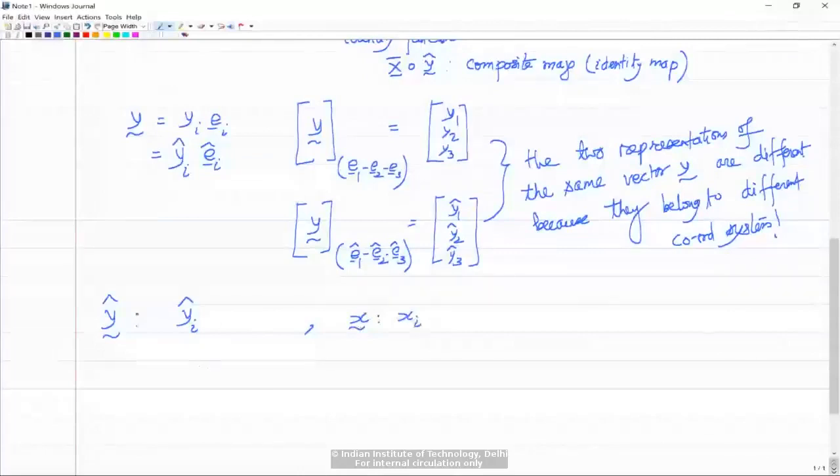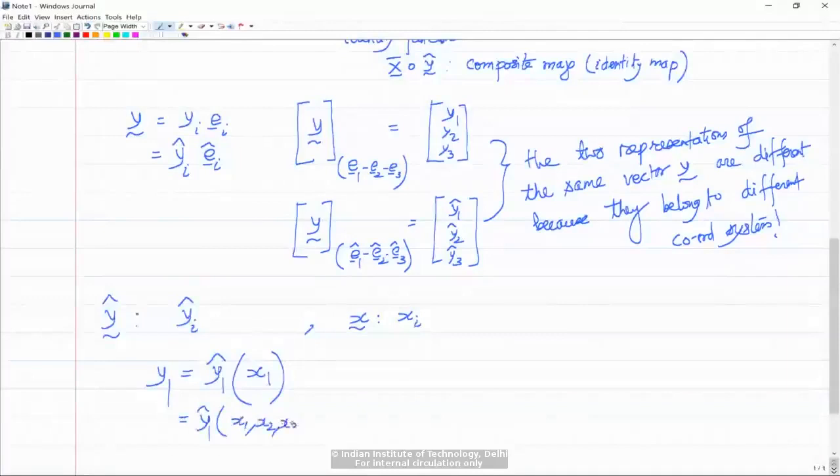And we have to understand that these component functions, for example y1 hat, which is returning y1, depend not just on one component x1. So that is not true. Okay, it depends on all three components, and we'll see examples of it today.